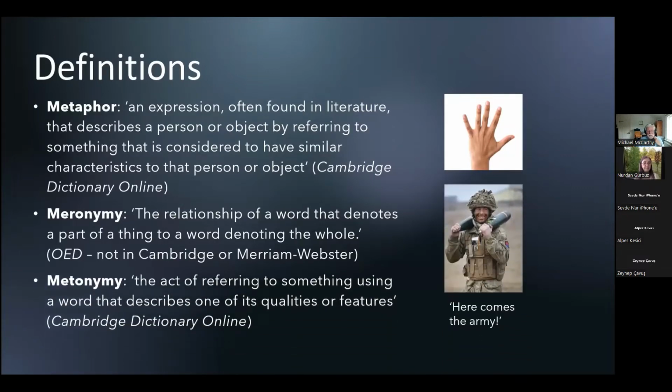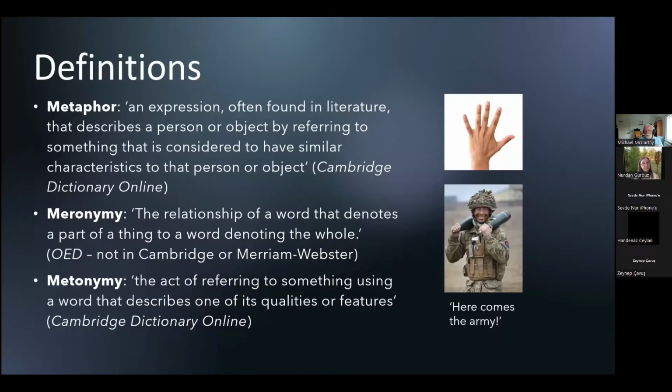The 3rd M is metonymy. And in this case, we do find it in the Cambridge Dictionary online. And it's defined as the act of referring to something using a word that describes one of its qualities or features.